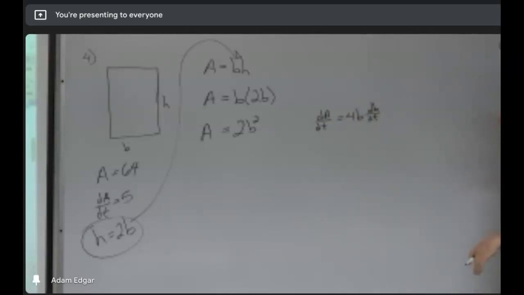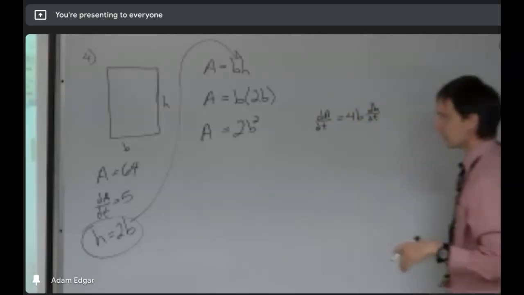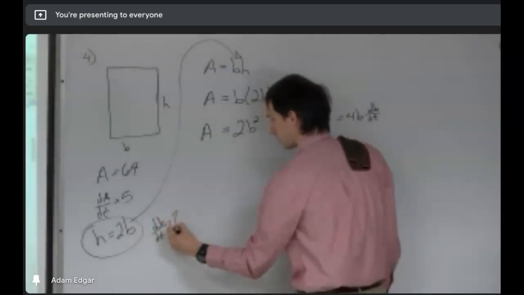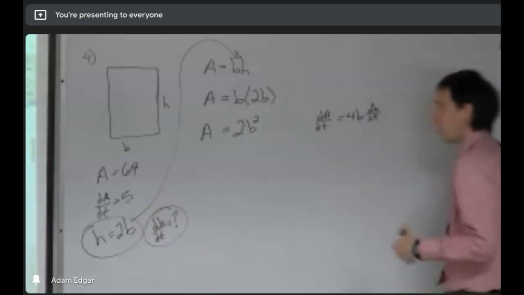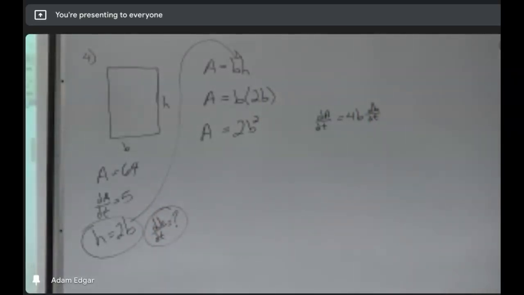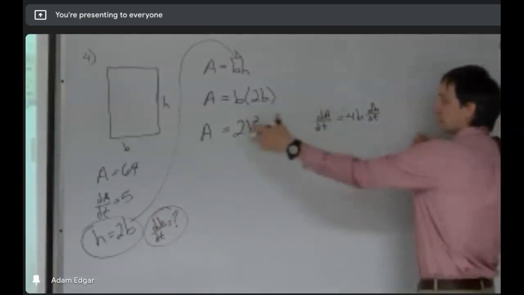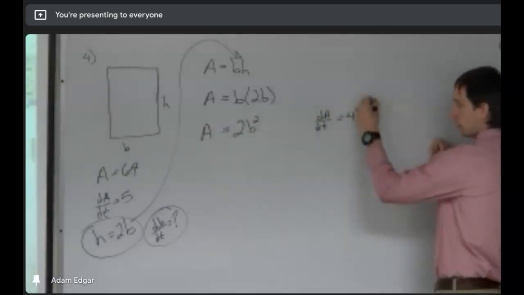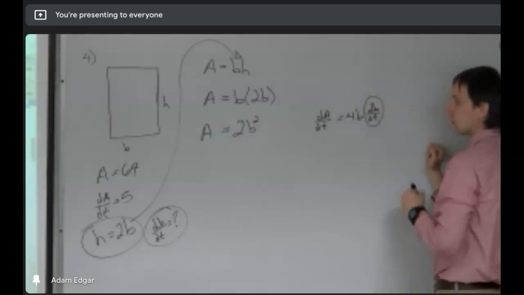What are we trying to find out? db/dt, so the goal is db/dt, correct? Before we can find that, what do we need to find first? B. So now that you have the main equation and the derivative equation, the goal is db/dt. You need to find b first.